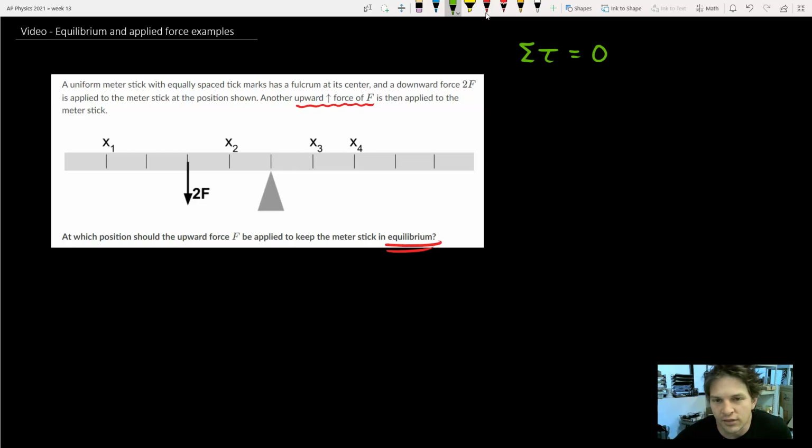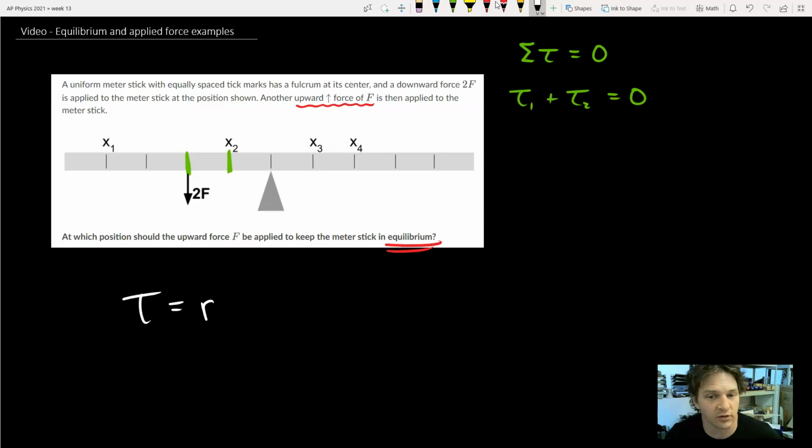So this thing right here has a torque. Let's call this torque 1 and torque 2. There's two torques, and when we add them together, they need to equal 0. So this one right here is 2 tick marks away, and it's a force of 2F. And one thing you need to remember, in case you don't, is that torque is equal to the radius, or the distance from the pivot, times the force.